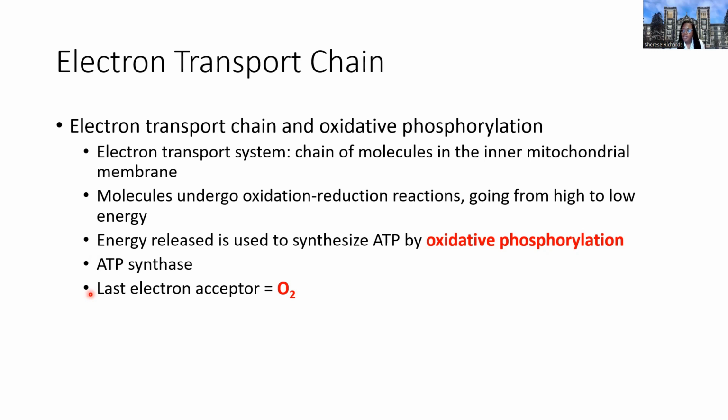This is the sole purpose that we breathe oxygen in, so that we can have it ready to accept the final electrons and keep the chain moving to make all of the ATP that we need to sustain our body and keep our cellular processes going. So the important requirements here are oxygen, the electrons that we have made so far and that we've shuttled off from glycolysis, as well as the molecule that makes the ATP, which is ATP synthase.